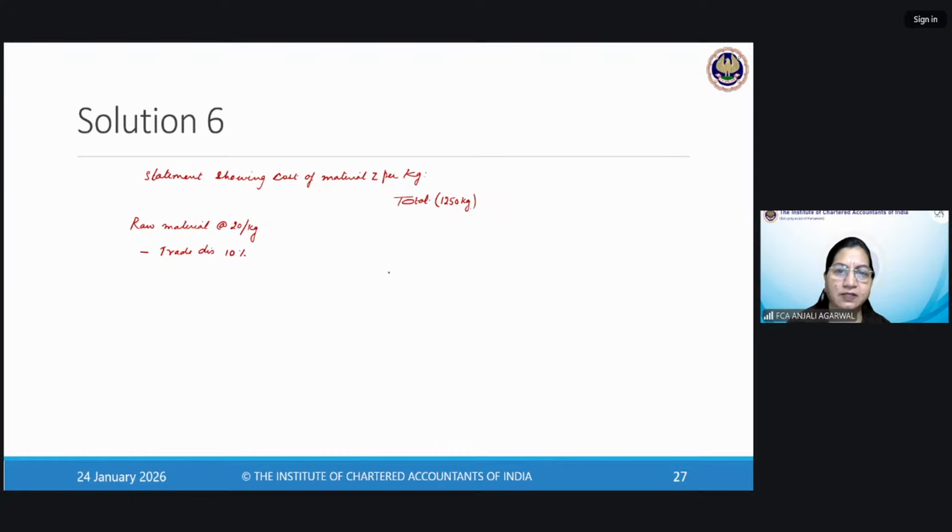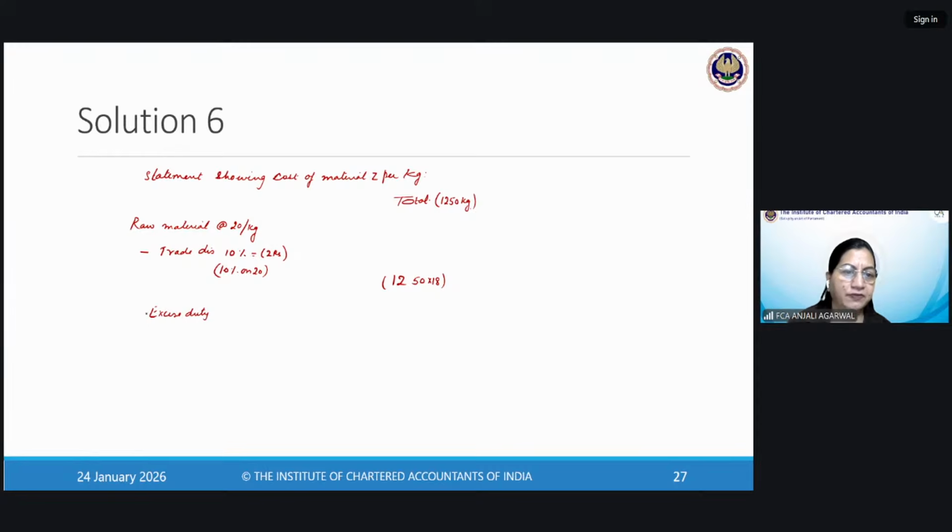So I'll charge it 1250 into 18. 10% on 20 is 2 rupees per kg. Then you have to pay excise duty.